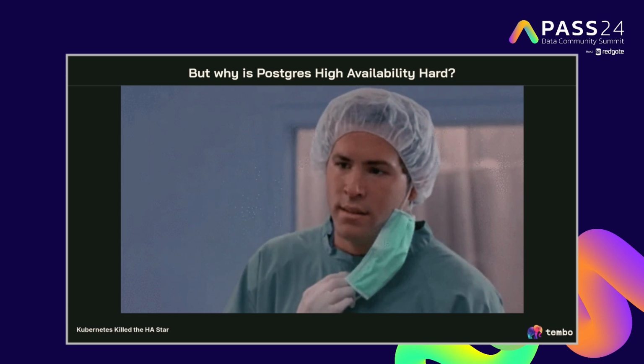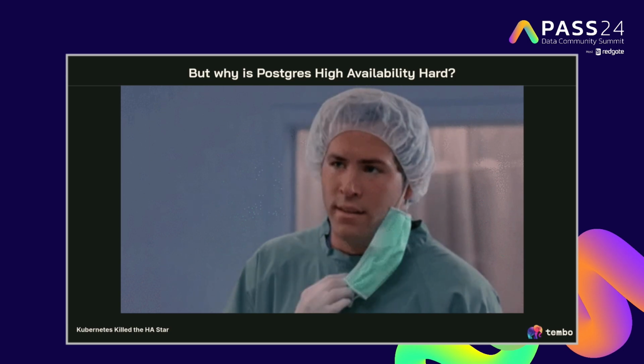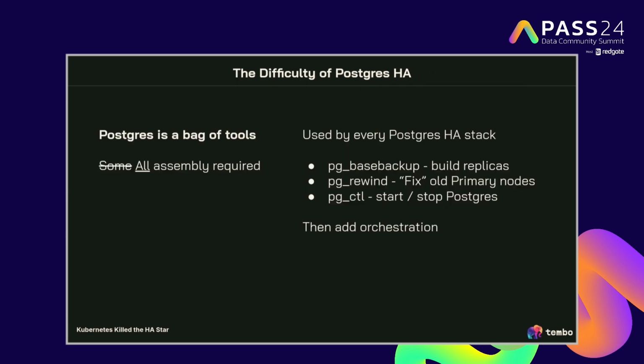So why is it hard? This is what I'm going to be telling you for the whole presentation. These are the parts you need to set up for Postgres HA. If you're familiar with Postgres at all, you know the binaries it installs, like pgBackRest and pg_rewind, all the different little bits and pieces that don't really do much until you tie them together with scripts, right?